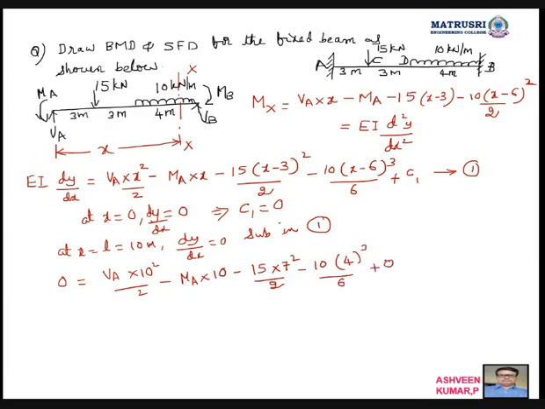This C1 is 0. So if you do the calculation here, this is 100 by 2, 50. So 50 VA minus 10 MA is equal to, this minus will go to the other side, 474.167. So I'll take this as equation number 2.